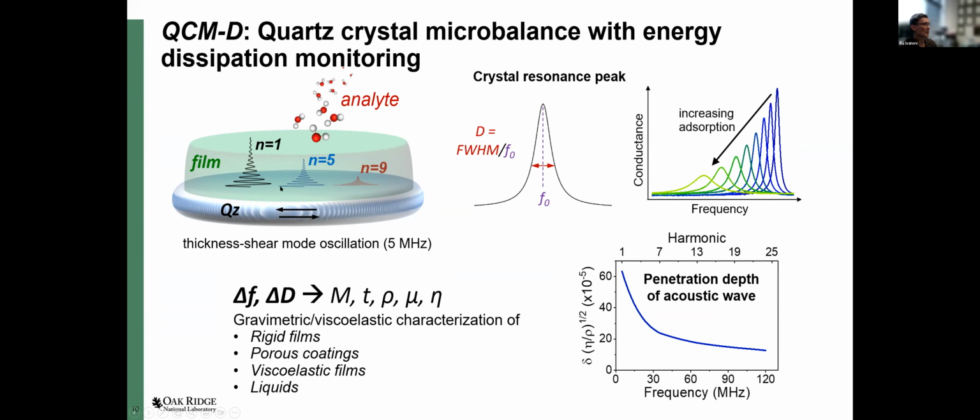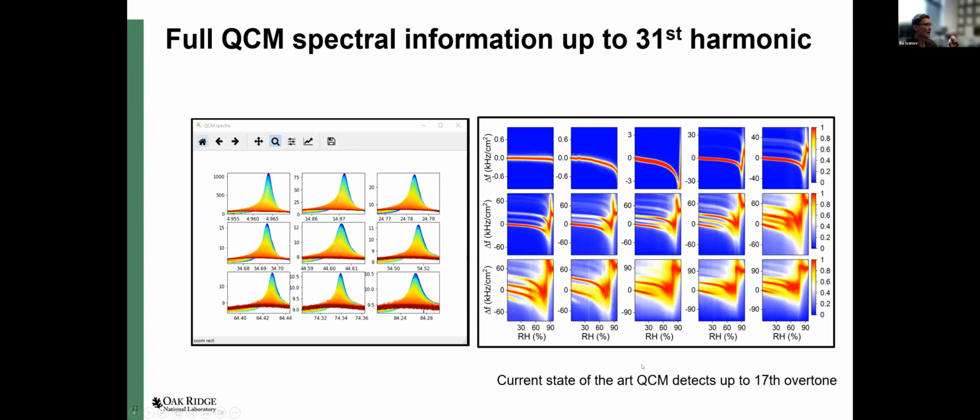What's really peculiar here is that the penetration depth of different overtones is different. The fundamental overtone goes through the whole film, and the higher overtones probe the interface of materials. So within one experiment, you can probe both the full thickness of the material as well as a particular distance from the crystal itself.